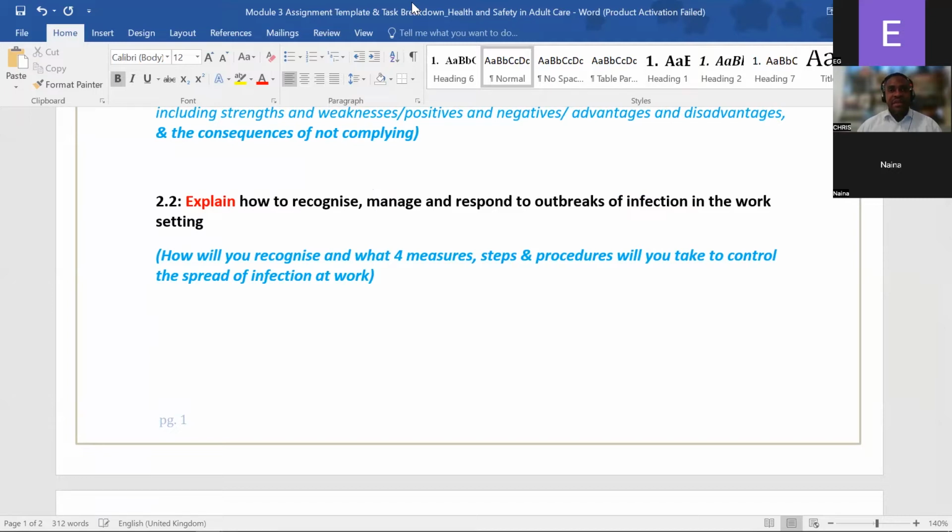Viruses were spreading and stringent measures were taken, different ways to control it. If you just have that picture in your mind, how do you recognize an outbreak of infection? Number 2, how do you manage an outbreak of infection? And how do you respond to an outbreak of infection in the workplace?